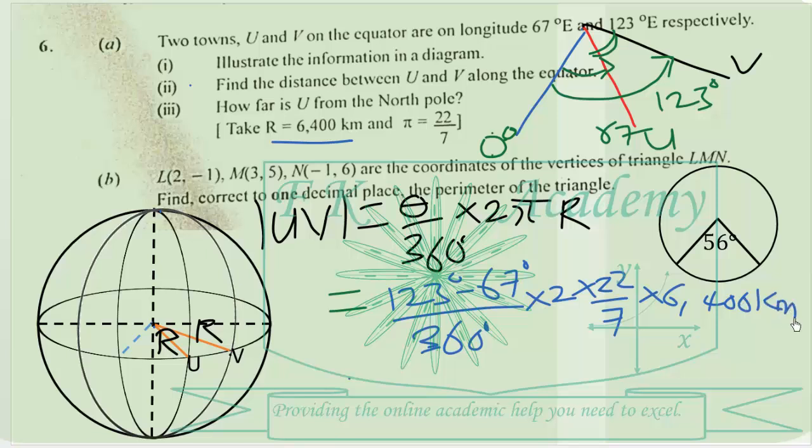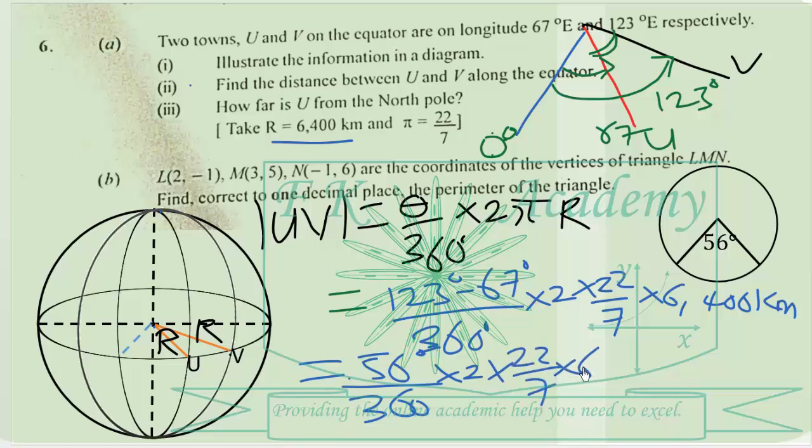So we have to simplify this. This will give us 56 degrees over 360 times 2 times 22 over 7 times 6,400.